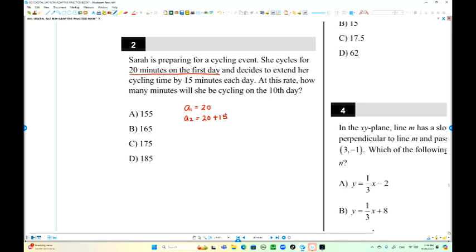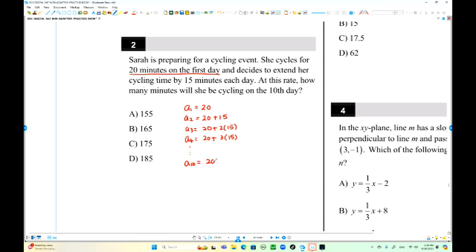This is a kind of arithmetic sequence, right? Yeah, it is an arithmetic sequence. So the third day, 20 plus another 15 is about 2 times 15. Okay, one more. Fourth day, 20 plus 3 times 15, another 15 more, right?